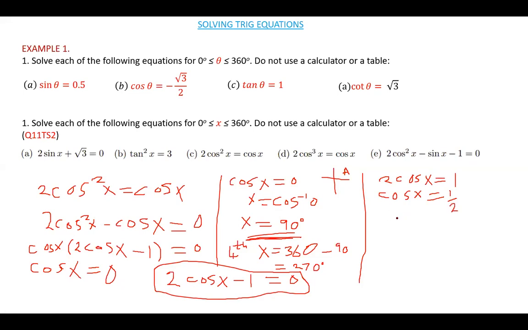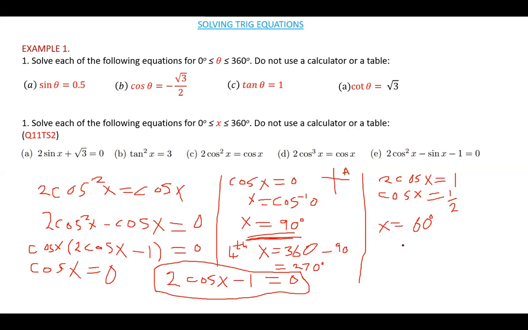And then your value of x is going to be the cos inverse of 0.5, which is equal to 60 degrees. So cos inverse of half is 60.